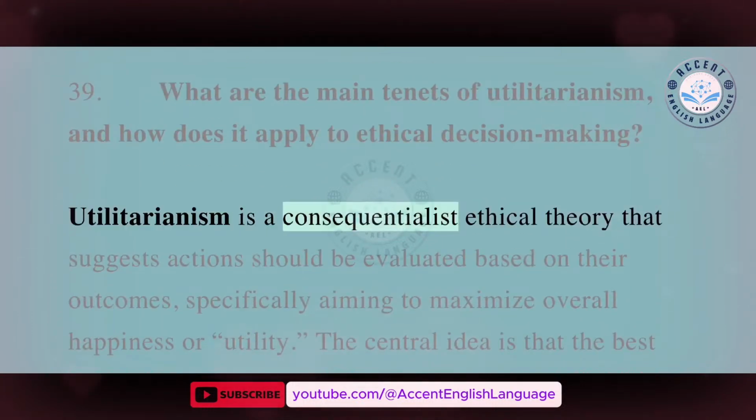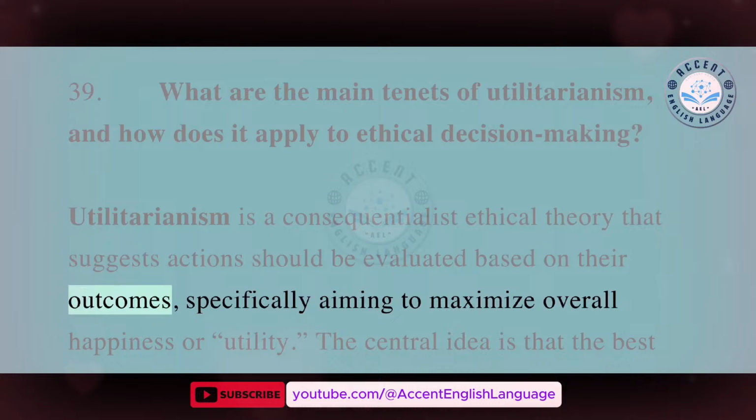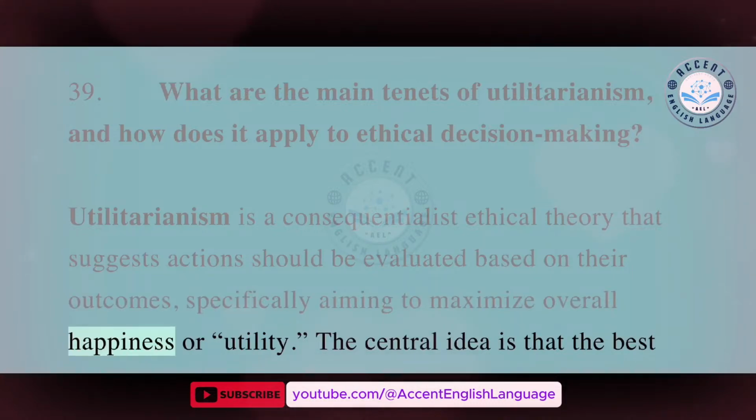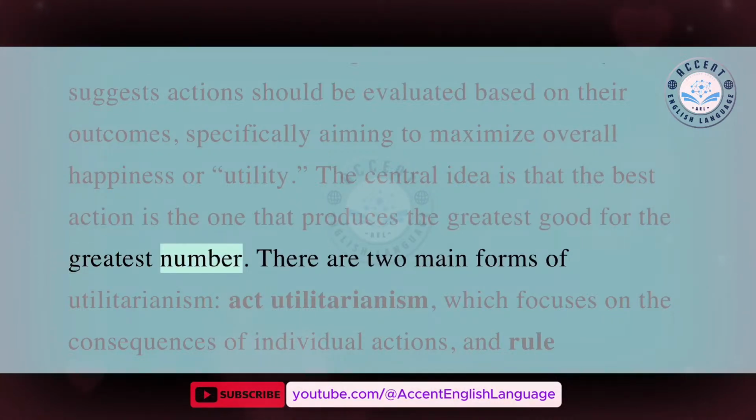Utilitarianism is a consequentialist ethical theory that suggests actions should be evaluated based on their outcomes, specifically aiming to maximize overall happiness or utility. The central idea is that the best action is the one that produces the greatest good for the greatest number.